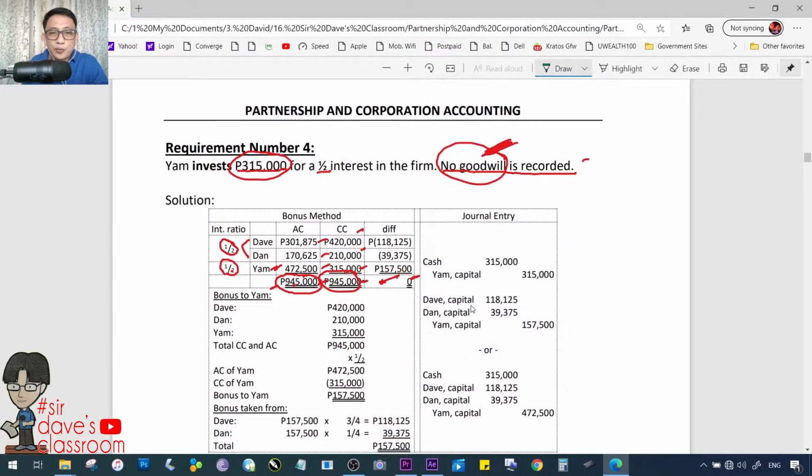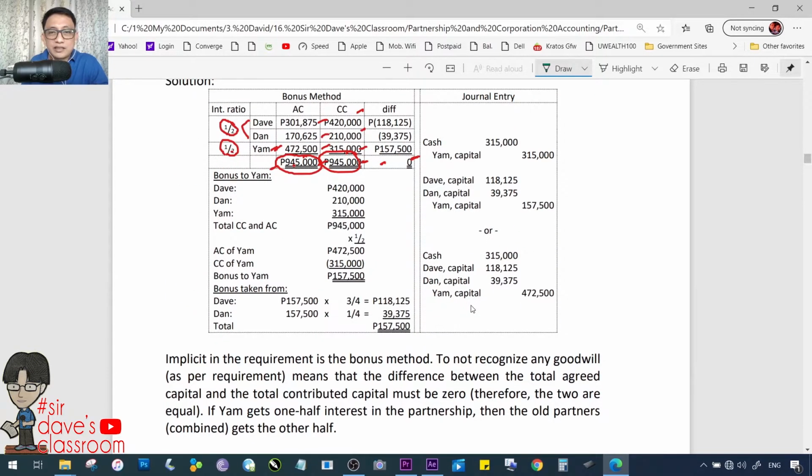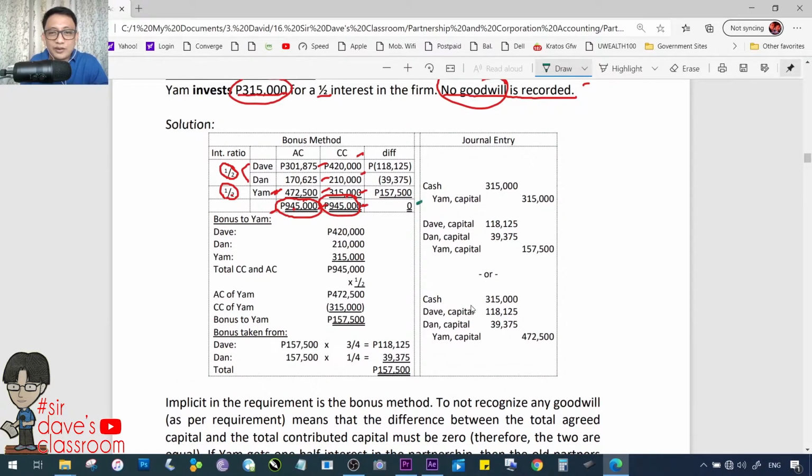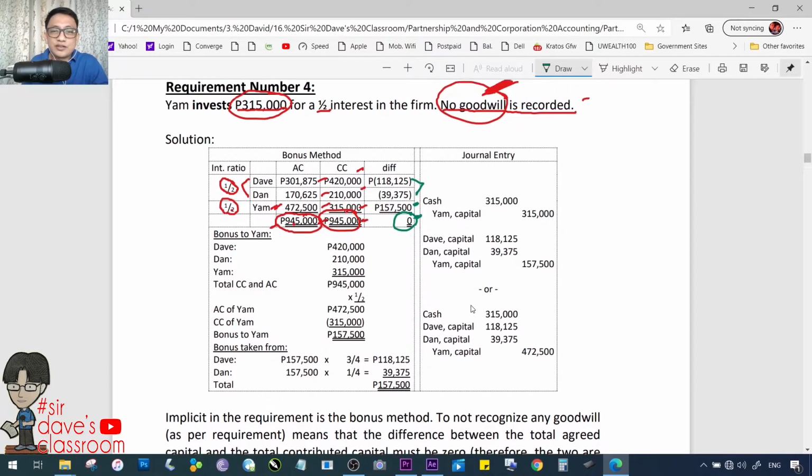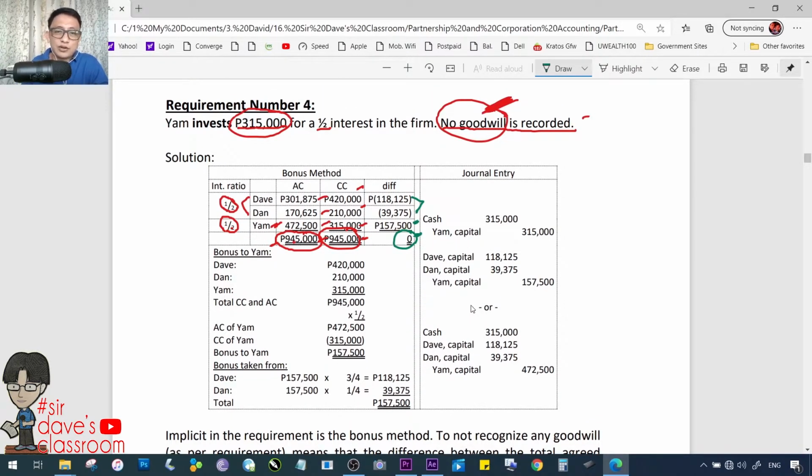Are you following? 157,500 natin dito. Okay? Since 0 ito, okay, wala nang mangyayari, hindi nagagalaw ito. Subalit 157,500 yon, naturalmente, common sense will dictate na yung 157,500 dito paghahatian ng dalawa. Okay? Using their old profit and loss ratio. So, could you please check that out? Tama ba?